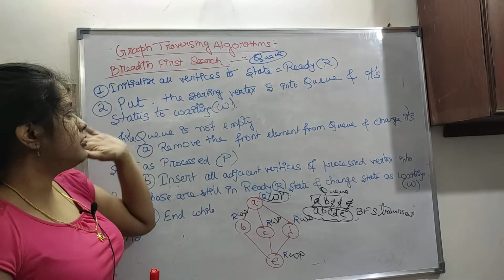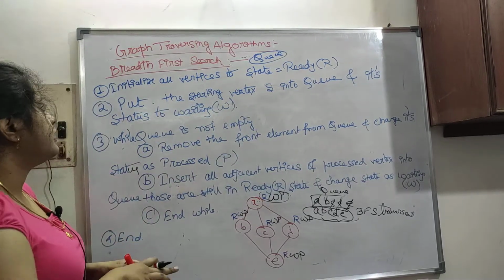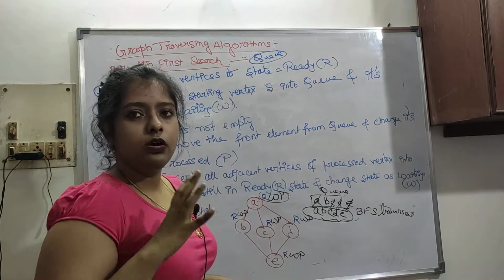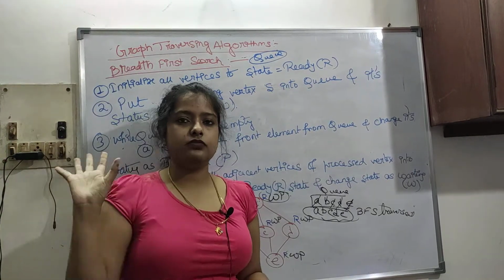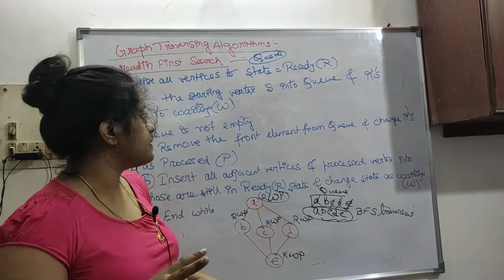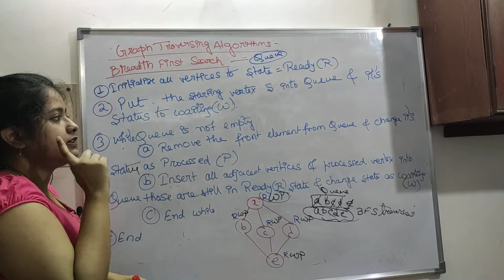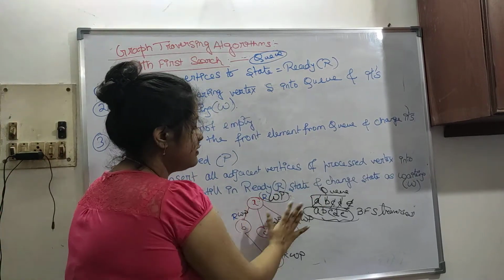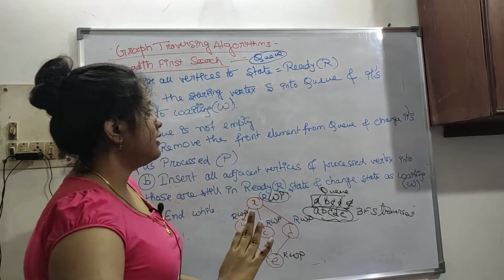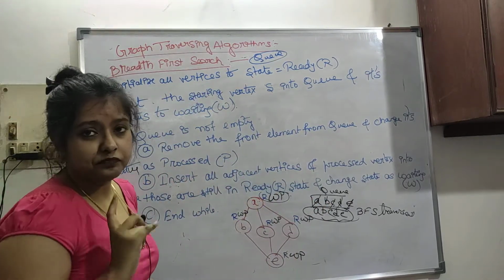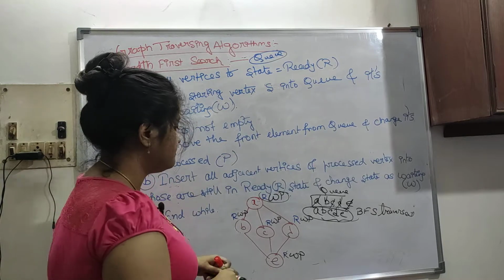So now I will read it out again. Initialize all the vertices to the ready state. Then put the starting vertex S into the queue first and set its status to waiting.